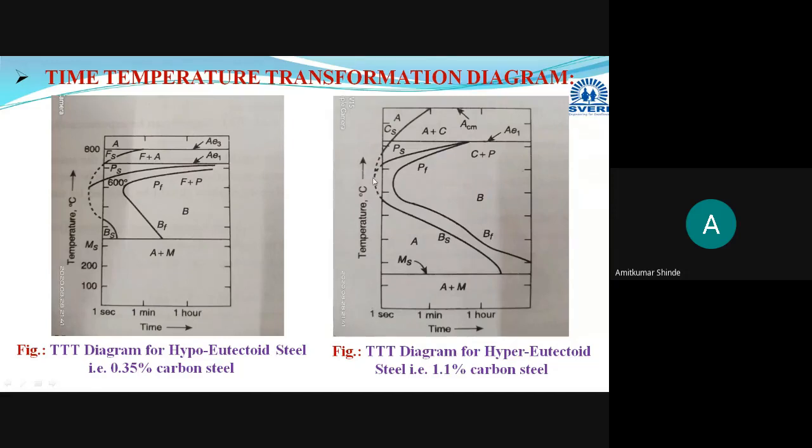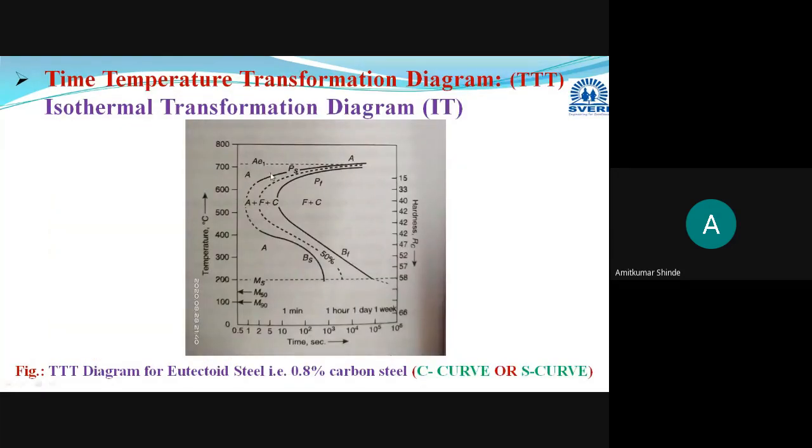This is the time temperature transformation diagram for hypoeutectoid steel and hypereutectoid steel. After this diagram, one more thing: the nose shaped structure in this curve.